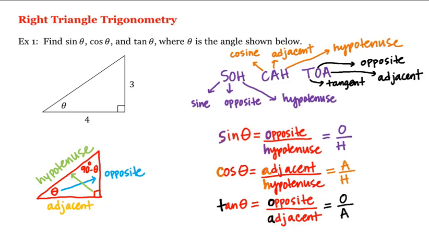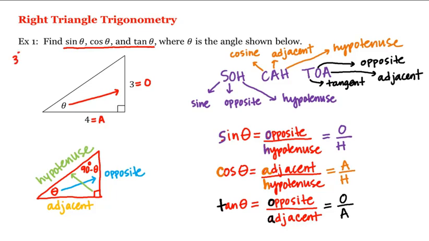So now with this background information, we can solve our problem. We can now find sine of theta, cosine theta, and tangent of theta. Looking here, here's theta, which means this 3 is the opposite, or O. This 4 is the adjacent, or A. But what's the hypotenuse H? Well, the hypotenuse we can find by using the Pythagorean theorem.